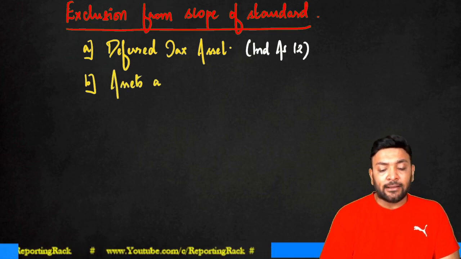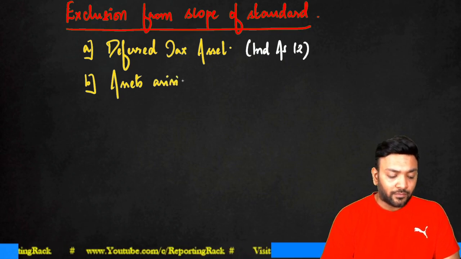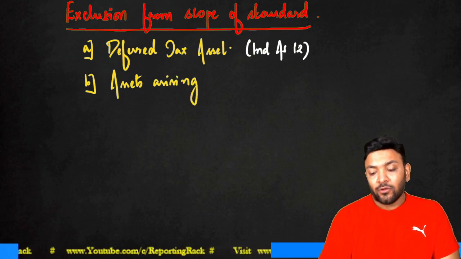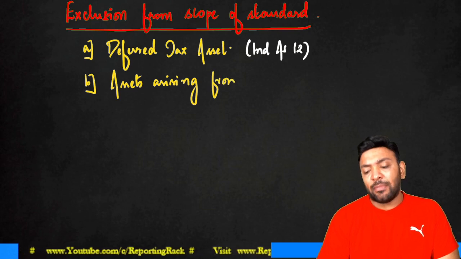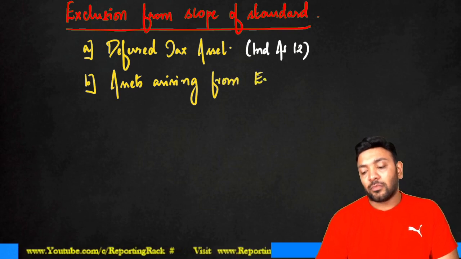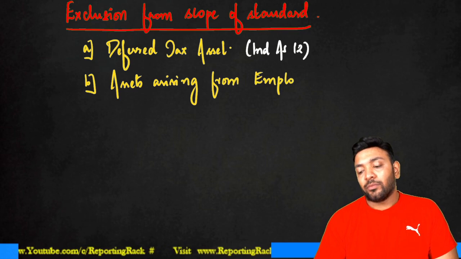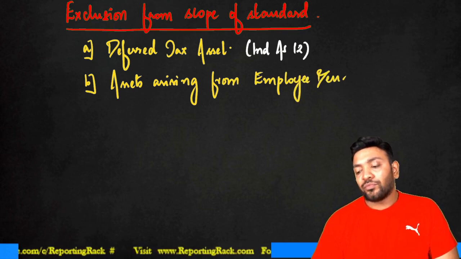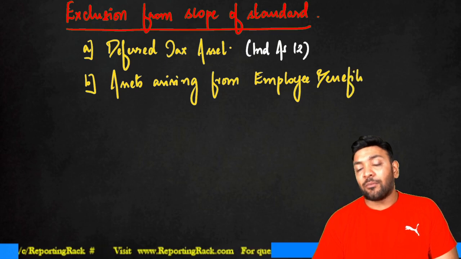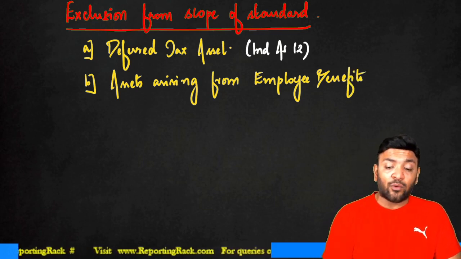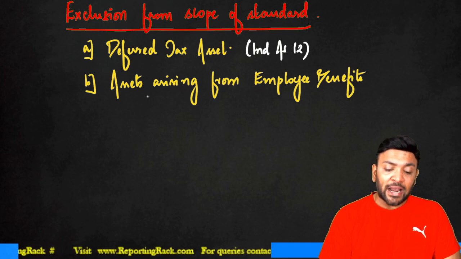Assets arising from employee benefits. Guys, these assets arising from employee benefits are also called plan assets.